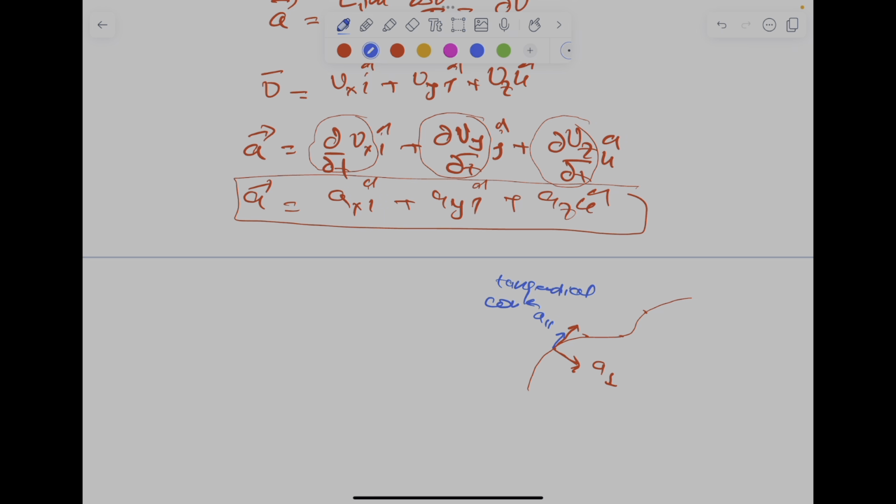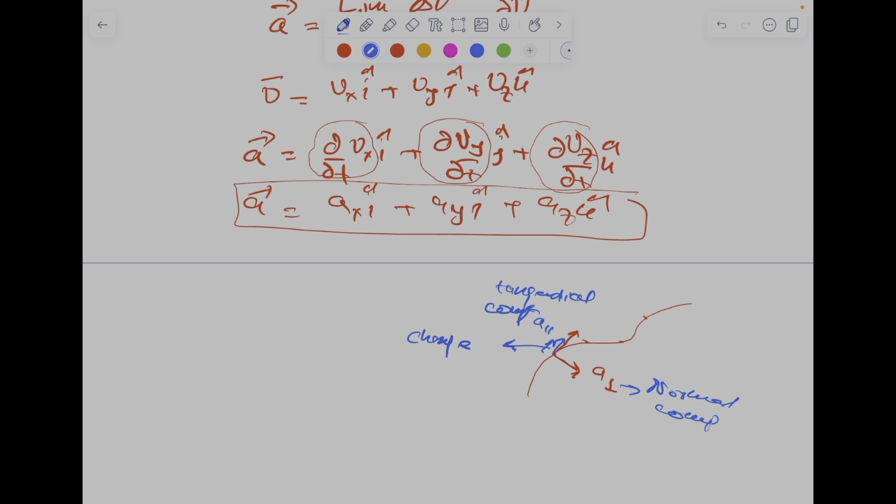This is your normal component, which is perpendicular to the velocity vector. The tangent to the path, which is parallel to the velocity, changes speed only. It gives no information about the direction. So this will give you the change in speed only.